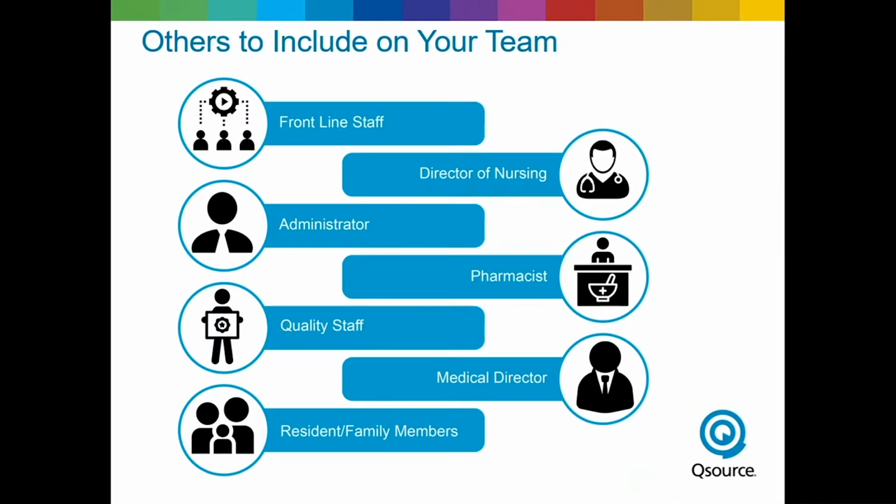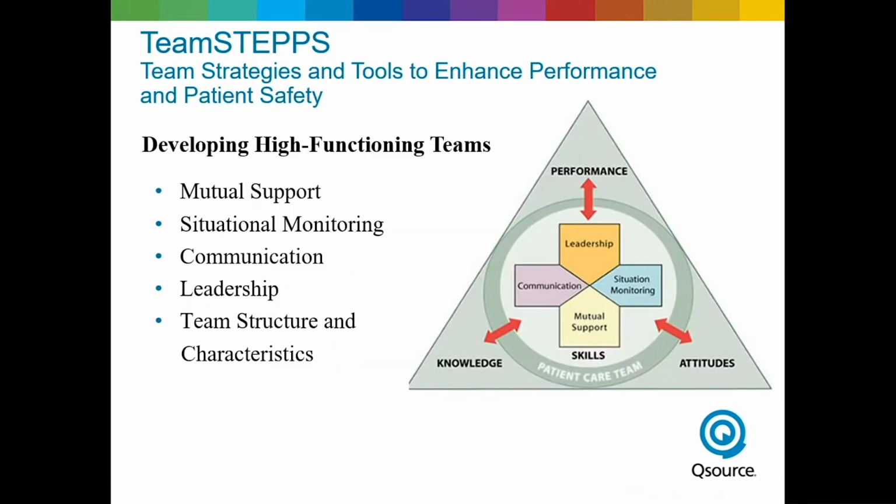Environmental service are a really great frontline staff to think about when you are doing one of these projects. And also in this project, because we're talking about providing comfort to your residents, and environmental service spends a lot of time in the room. So that's just a way to think outside the box of who might be good to include when we're educating people and providing new processes for our residents.